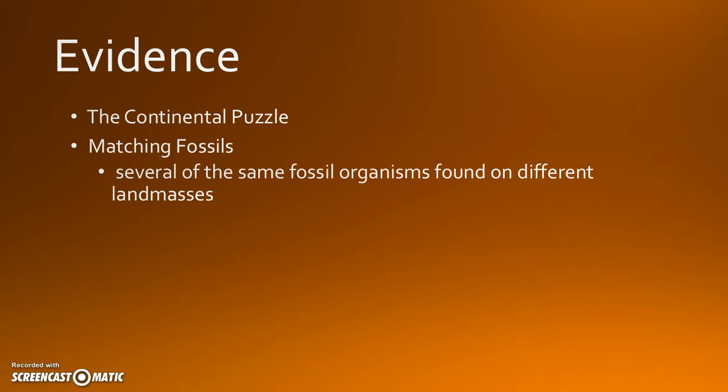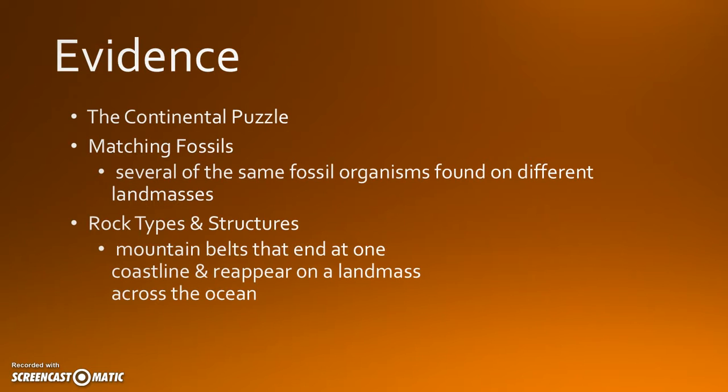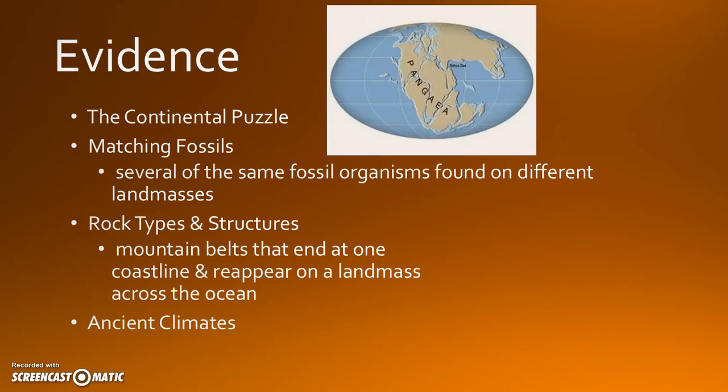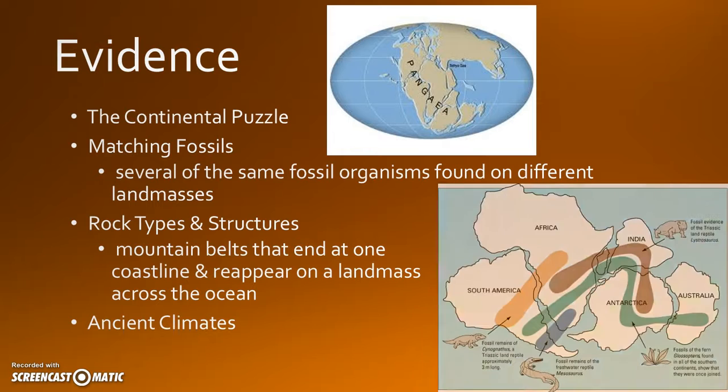These are organisms that could not have spanned the ocean that's now between those two continents. And then the other is rock types and structures, specifically mountain belts and the types of rock that make up a mountain belt. They might end at one coastline of a continent and appear on another landmass across the ocean. And then, of course, ancient climates.